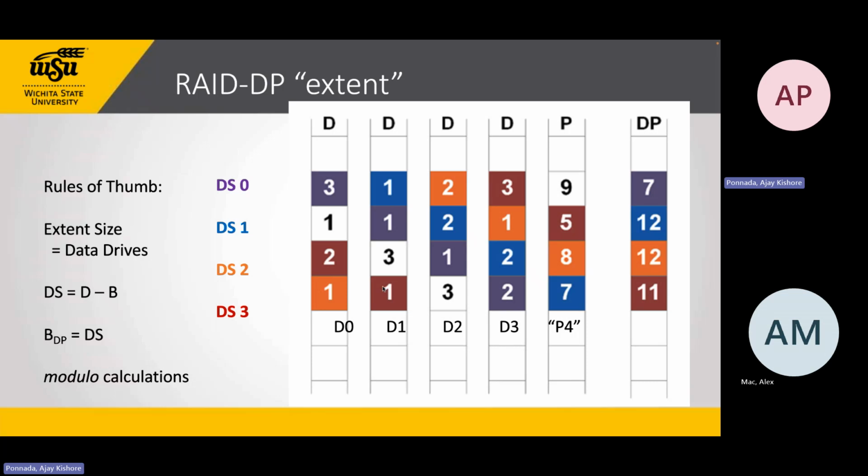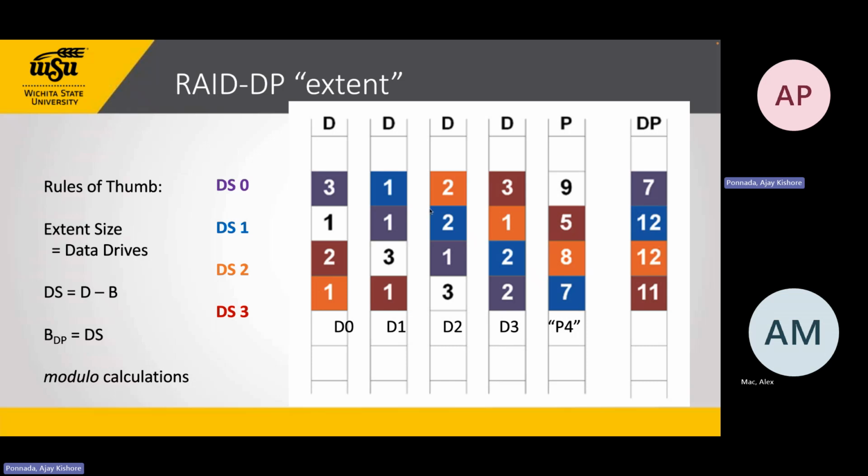So for example, if we take this one, this is diagonal parity 1, right? So what elements do we need to include for diagonal parity 1? What's this? D1 and B0, right? D minus B. 1 minus 0, 1. So that's the element for diagonal parity 1.